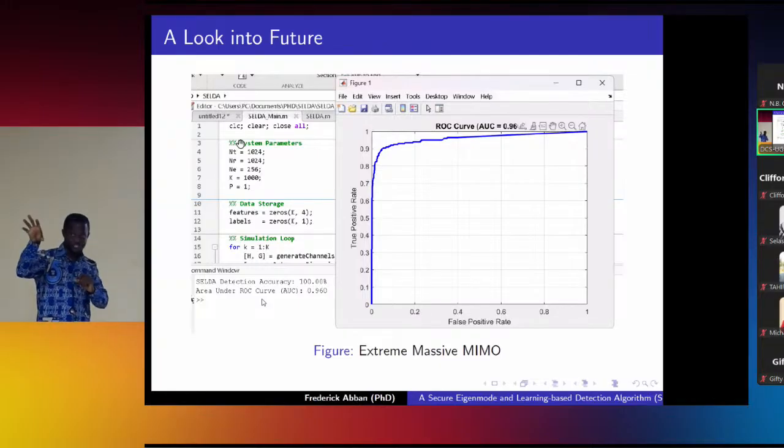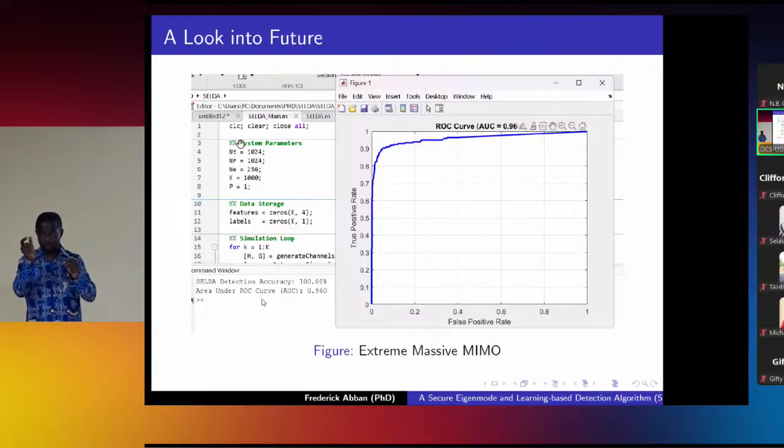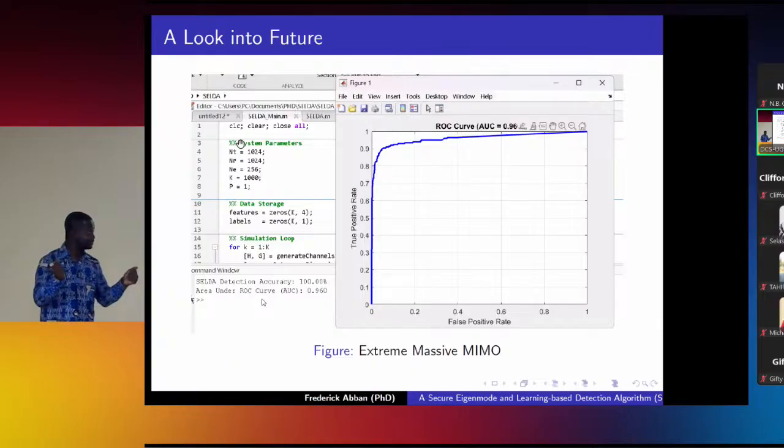What we noticed was the computational time increased significantly. For all the previous ones, the computational time was in microseconds. But when we went to about 1,024 antennas for transmission and receiving, our computational time exceeded 3 minutes, which we have to go back and identify how we can improve on.